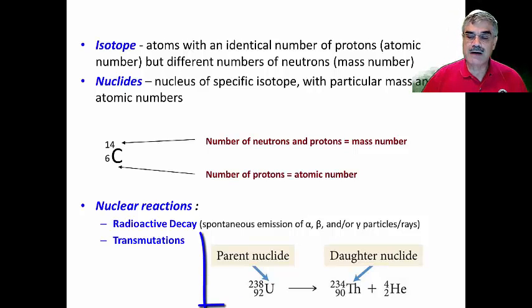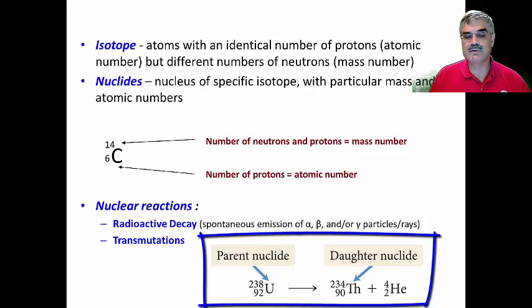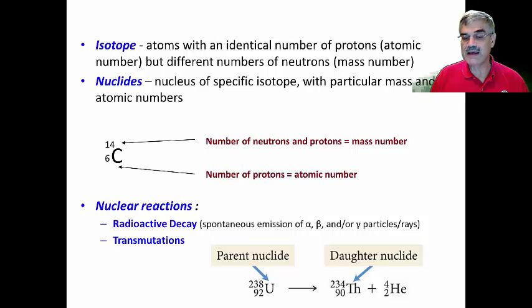Okay, so the bottom right shows an example of a nuclear reaction. This would be a radioactive decay in which uranium-238. Now, notice that uranium is an element that has 92 protons. So if I simply say uranium-238, I don't have to say the 92 because you could look it up in the periodic table.